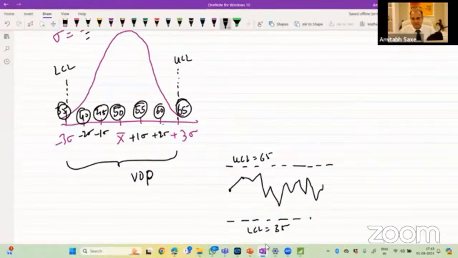All of my recruitments will be between 35 to 65. They will keep varying. Sometimes I'll be able to recruit in 40 days. Sometimes I'll be able to recruit in 60 days. Okay? So this is what my initial data is telling me. I'm not narrow-minded. I'm not looking at 50 only. I'm looking at total systems thinking. My system is giving me 35 to 65 days.